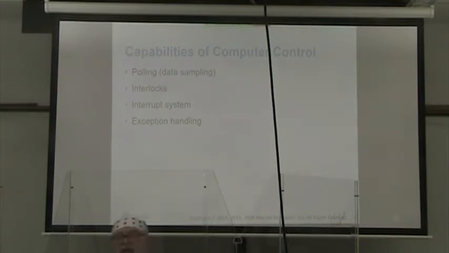What happens if the wrong part is on the line, or some other aspect where the controller can say, well, wait a minute, this isn't right, we're stopping the system.